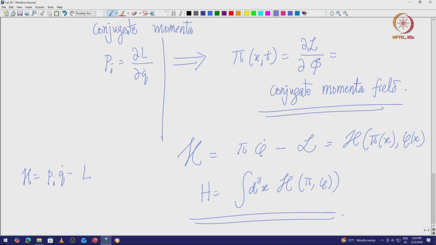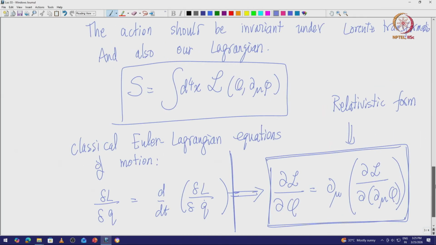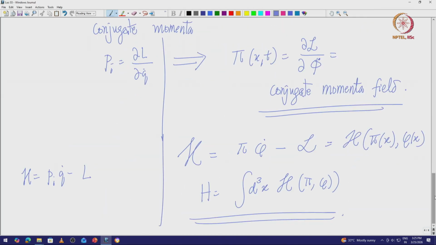Okay, this sort of sets our movement from particle to field theory. Essentially, we have defined the Hamiltonian, we have defined the conjugate momenta, all in terms of the relativistic particles, essentially in terms of relativistic fields.